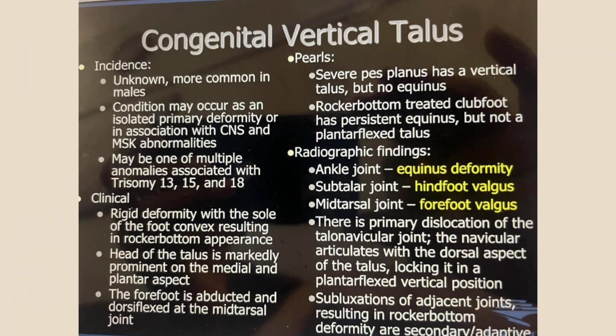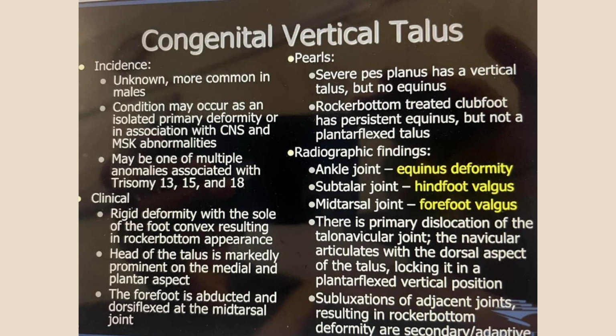This is a short review. It is a congenital deformity whose incidence is unknown, and the condition may occur as an isolated primary deformity, or with CNS and musculoskeletal anomalies, sometimes multiple, or with trisomies like chromosomes 13, 15, 18.